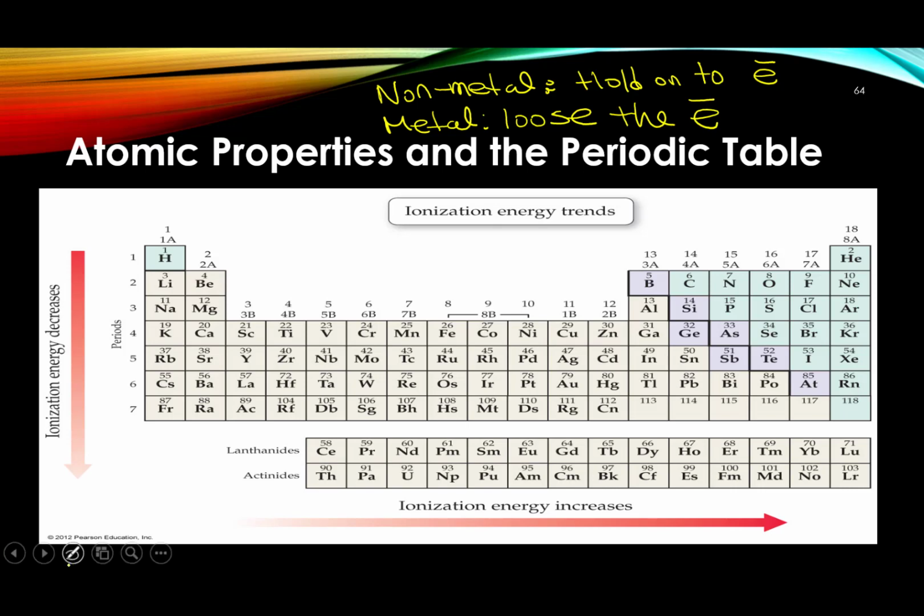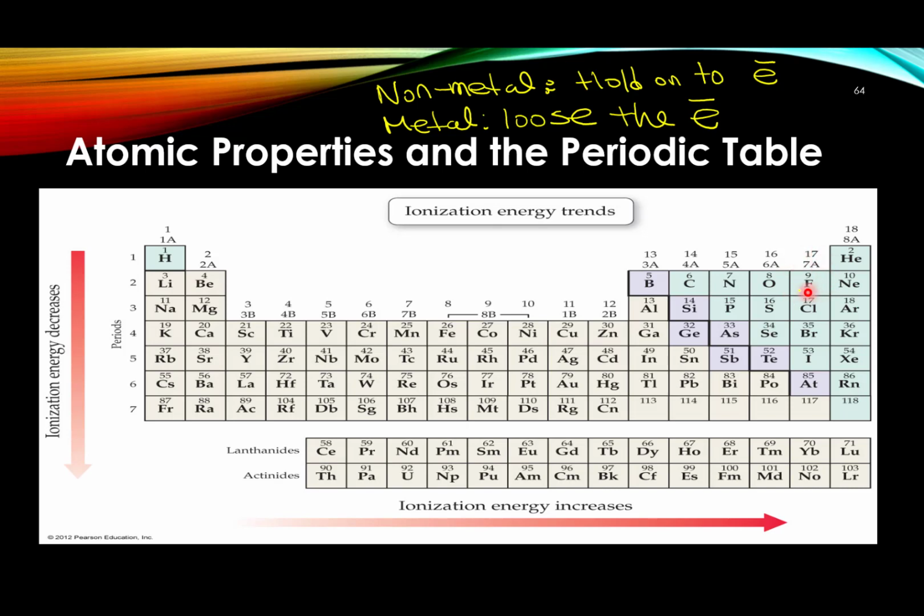That's why as we go toward the non-metal, ionization energy increases, because you're going to have a harder and harder time to remove the electron, because non-metallic characteristics increases. Remember, fluorine has the highest electronegativity.